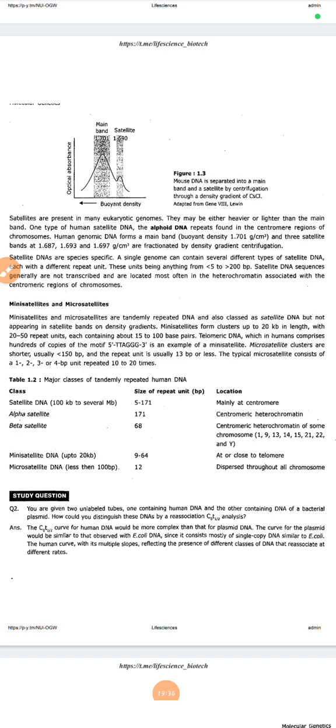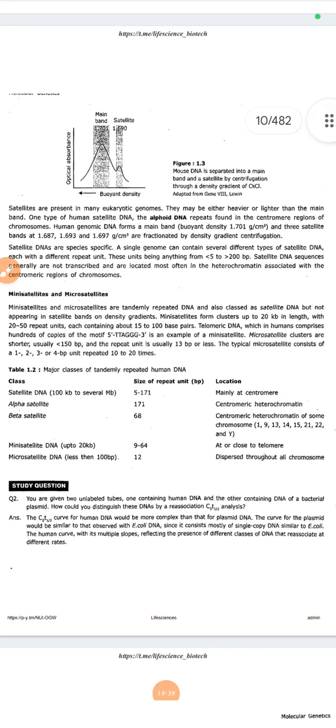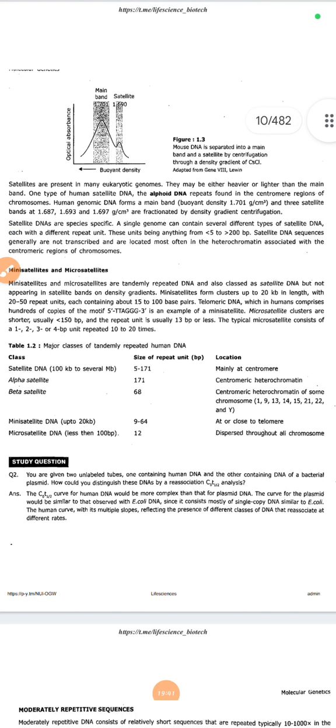Mini satellites form clusters up to 20 kb in length with 20 to 50 repeat units, each containing about 15 to 100 base pairs.